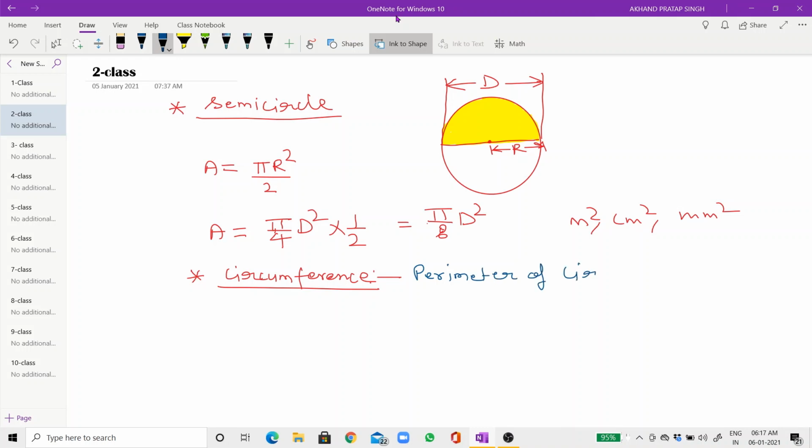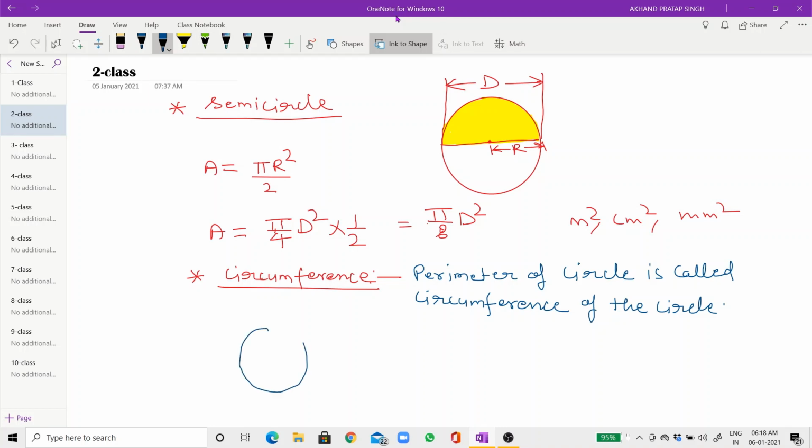The perimeter of a circle is called the circumference of the circle. So suppose this is a circle, and this is the center and this is the radius of the circle.